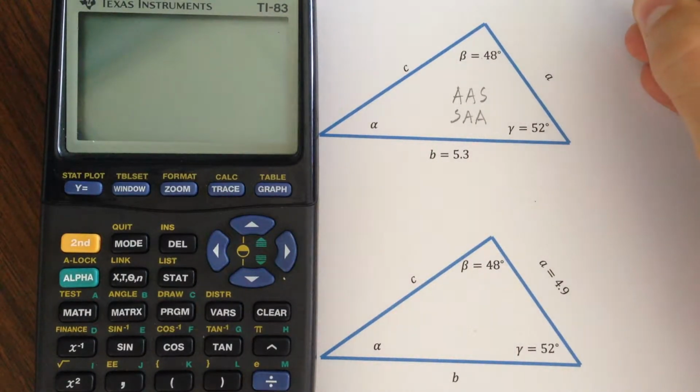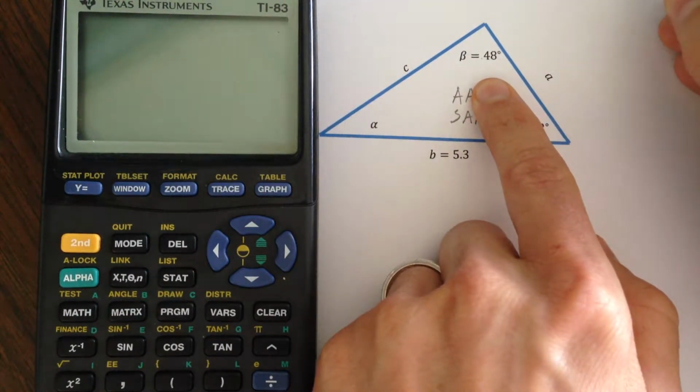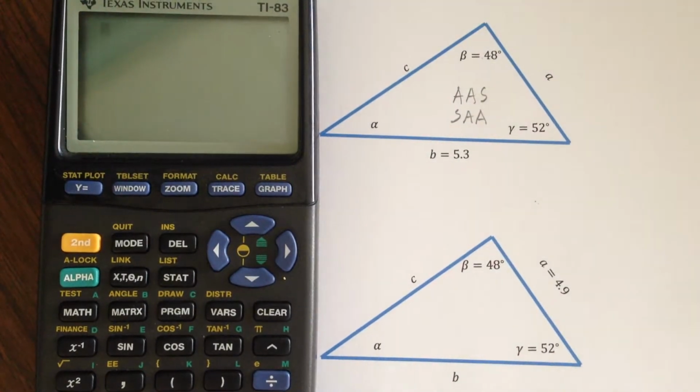So alpha is going to be 180 degrees minus this 48 degrees minus this 52 degrees. Notice that this is definitely not drawn to scale. So 180 minus 52 minus 48 equals 80.